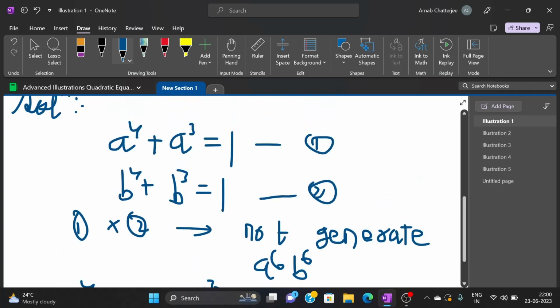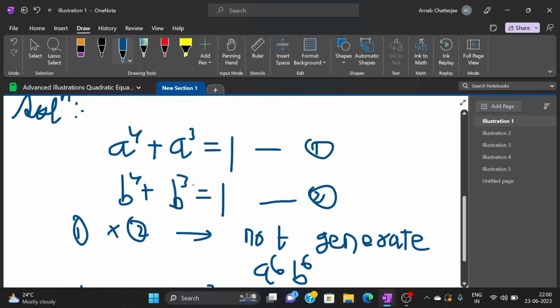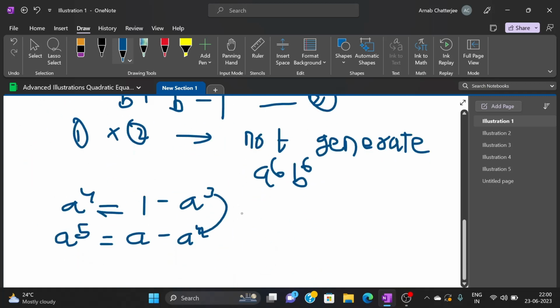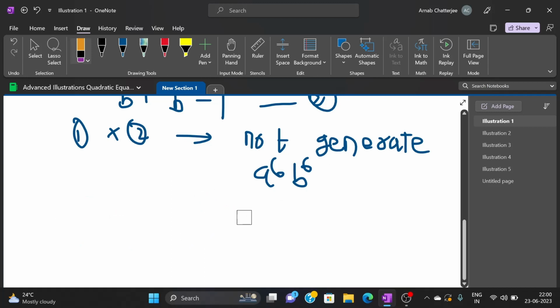But then it becomes a lengthy approach, and it is not necessary that you will get an equation of this form only. Because I believe it is a trinomial, so it is again difficult to deal with. So generating ab like this is not a good option. Directly multiplying the equations is not a good option.